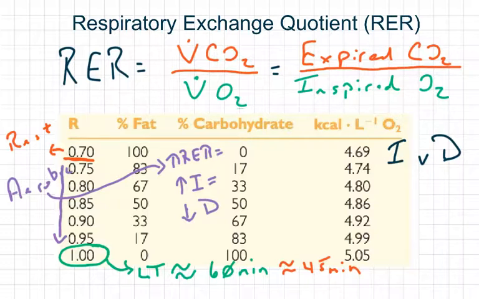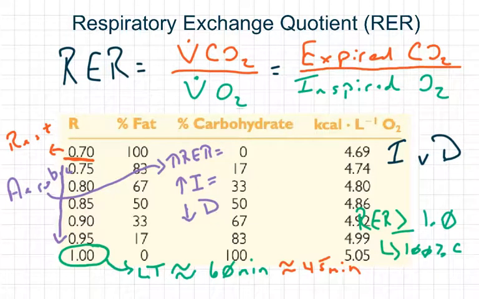Now, when we start talking about efforts with RER values above 1, so the RER is greater than 1.0, the fuel source is going to be 100% carbohydrates.